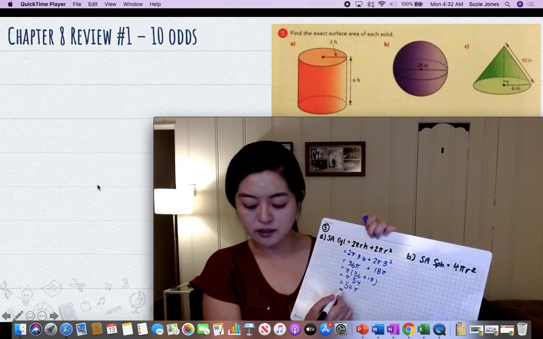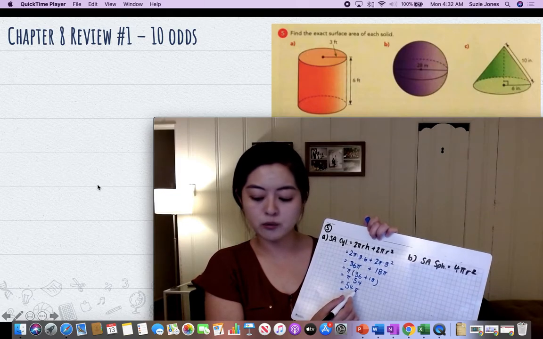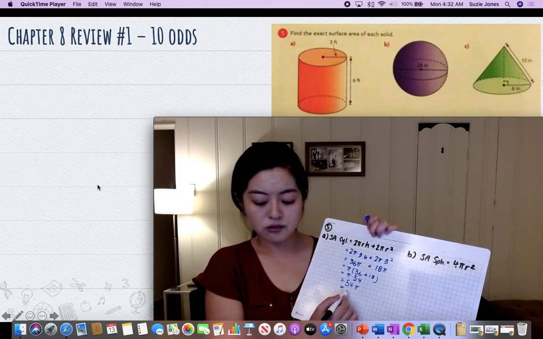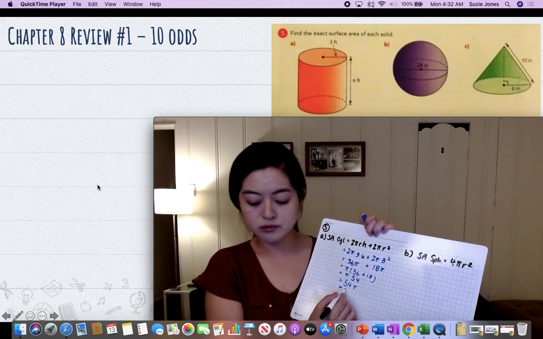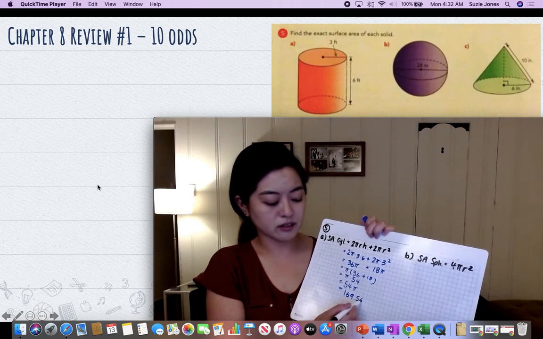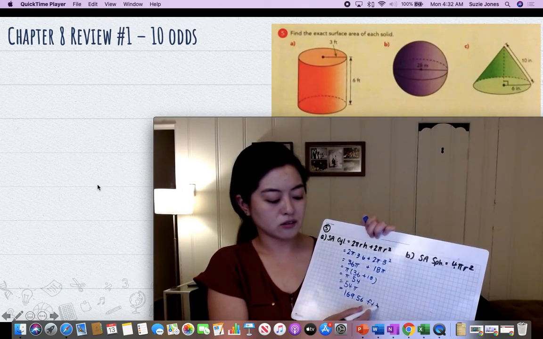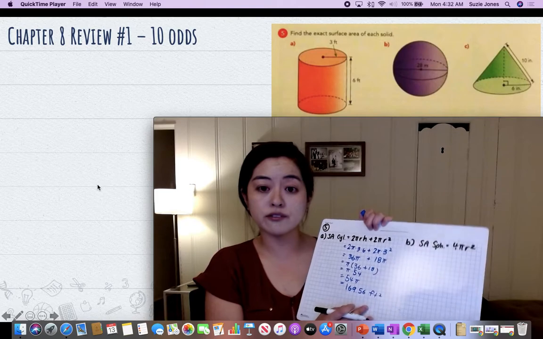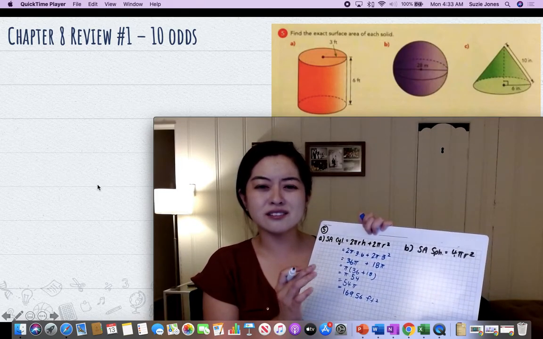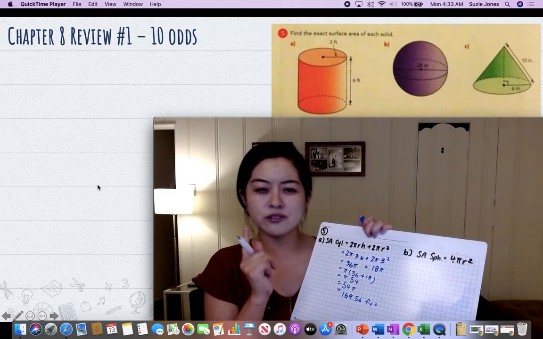And then if we input 3.14 as an approximation for pi, this becomes 169.56 square feet. Now square feet because we're finding the surface area. But look back at the question. We have to read the question carefully.